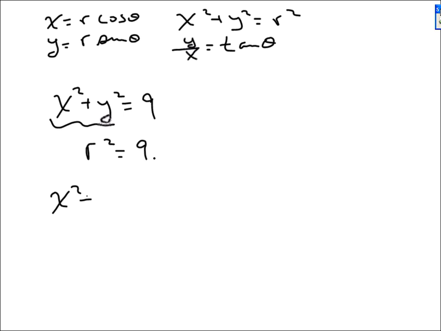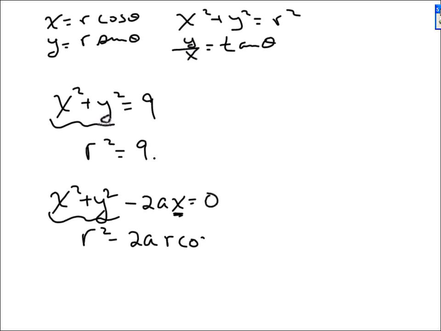Suppose you have x squared plus y squared minus 2ax is equal to 0. Well, that's r squared minus 2a, now x is r cosine theta, equals 0. You can leave it like that. You can say r squared equals 2a r cosine theta.